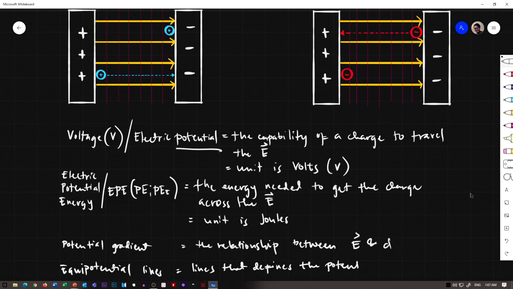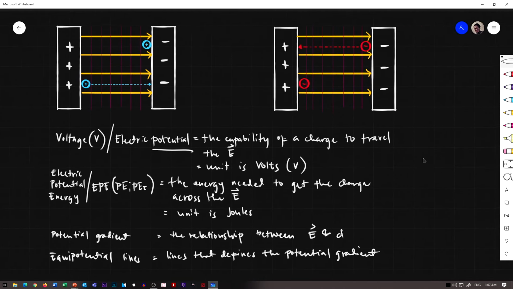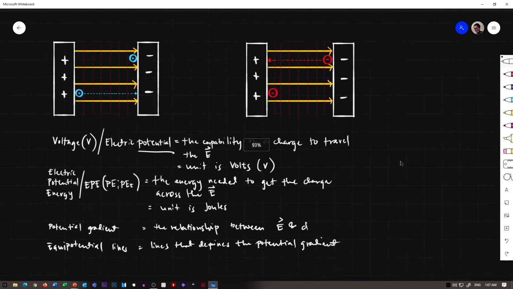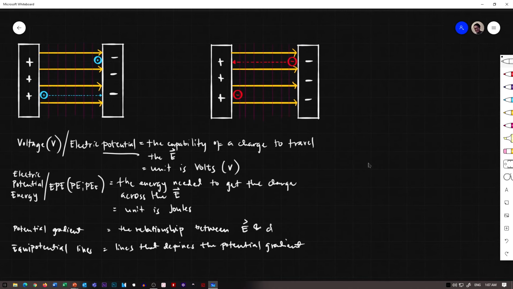Alright, basically the concept of potential gradient and equipotential line is under voltage. Then there is a relationship between energy and voltage, which I will be showing through a series of, what do you call this, derivation, which I will be showing on this side, I guess. So you can read this naman, right?